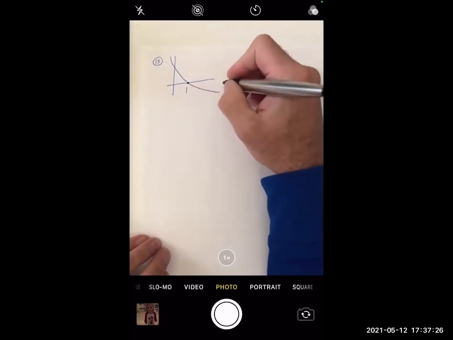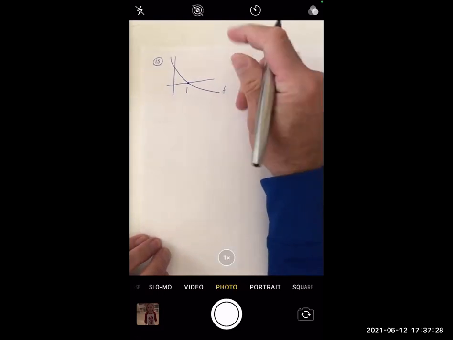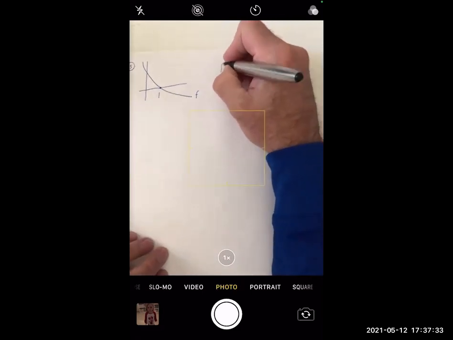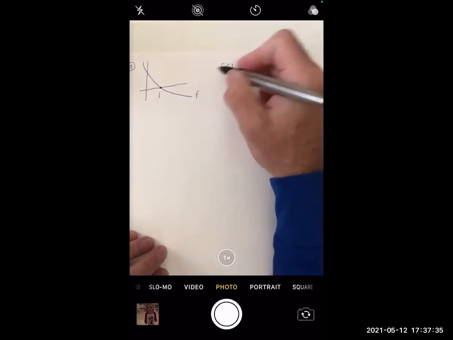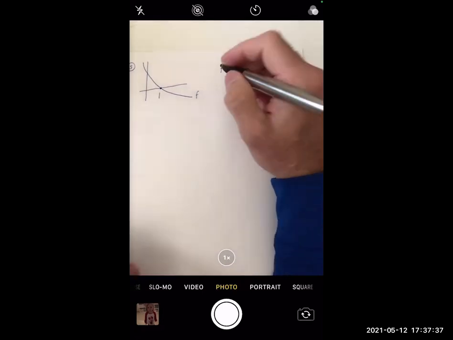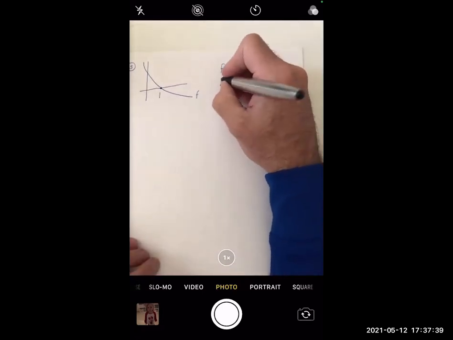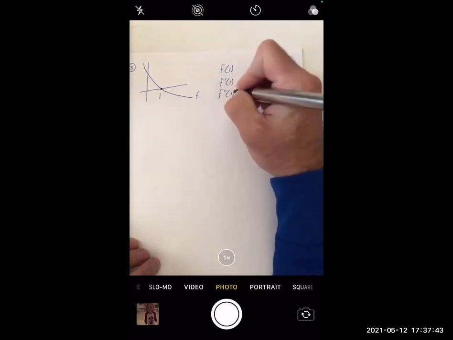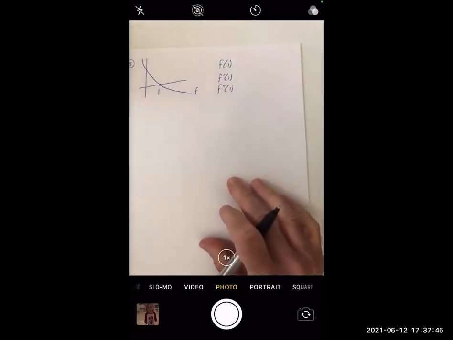This was the function f, and it wanted you to order the following values from smallest to biggest: f of 1 compared to f prime of 1 compared to the second derivative at 1.